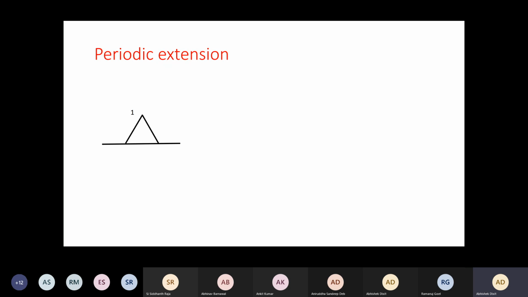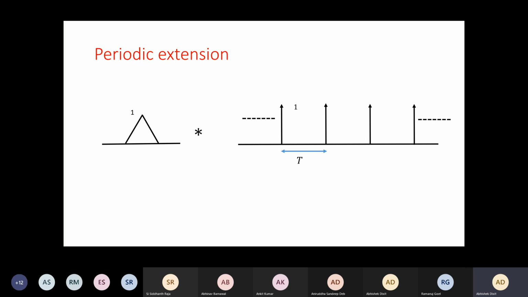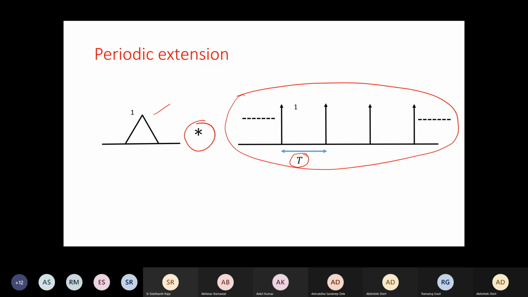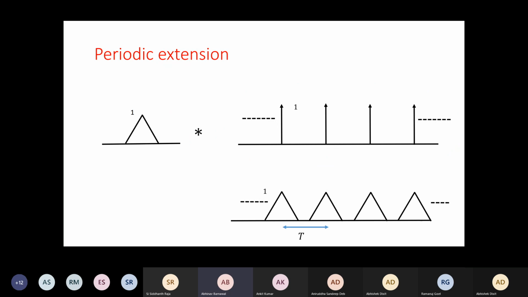And mathematically, how would you do it? Mathematically, we can do this by convolution with the impulse train, where impulses are separated by capital T. If you do convolution between this signal and the impulse train, you put this cap wherever there was an impulse. You put this cap at the location of this impulse, you get this, and so on.